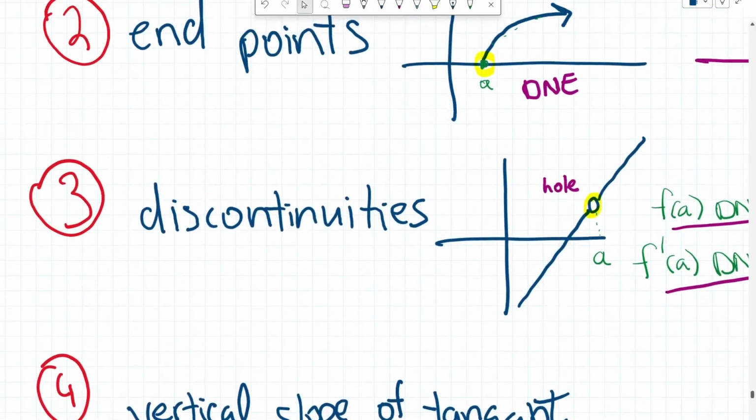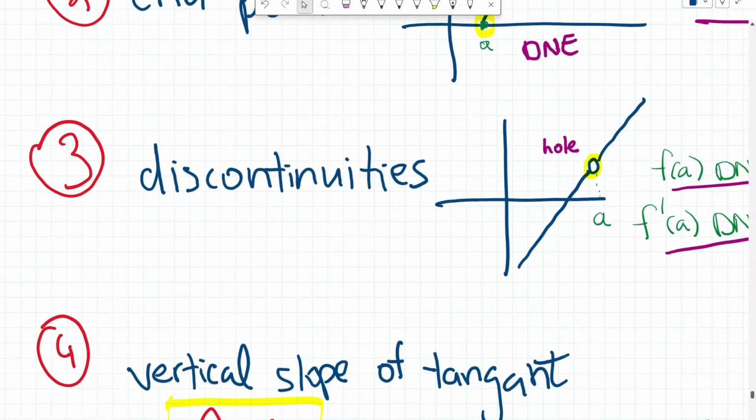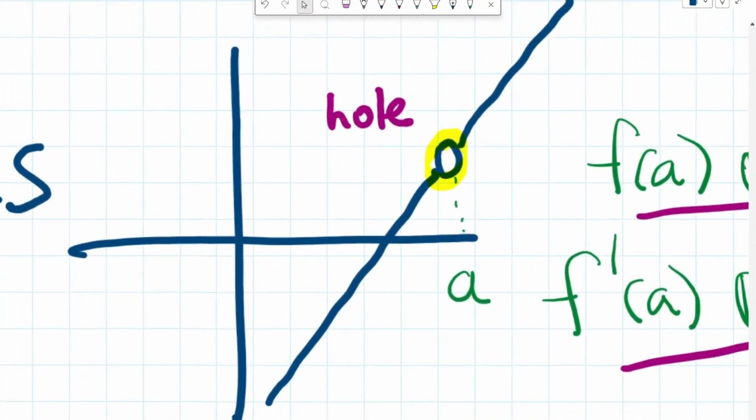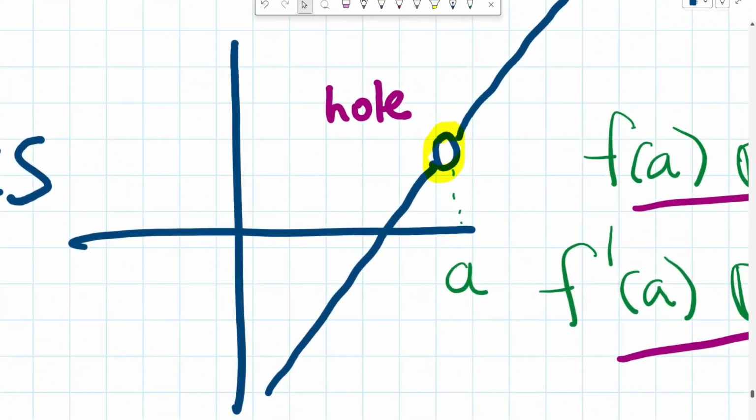Same with our third example over here. We've got a linear function with a hole. Linear functions are differentiable. However, this particular one is non-differentiable at x equals a. So always watch out for that.